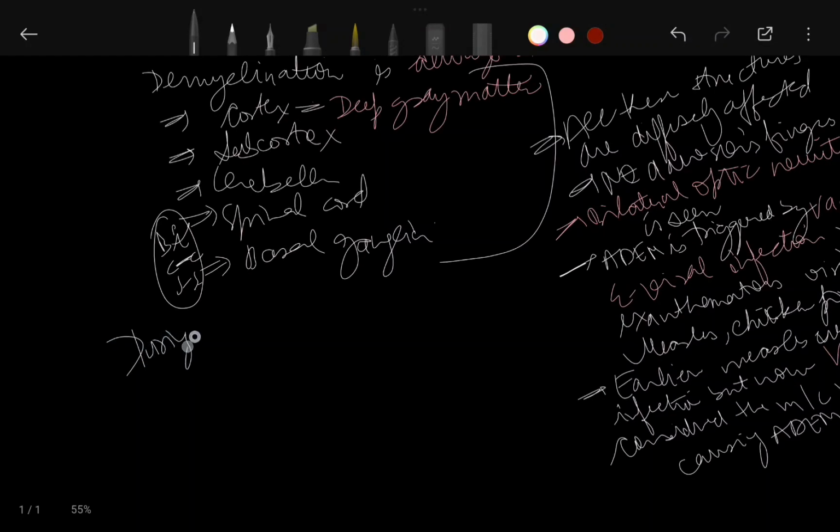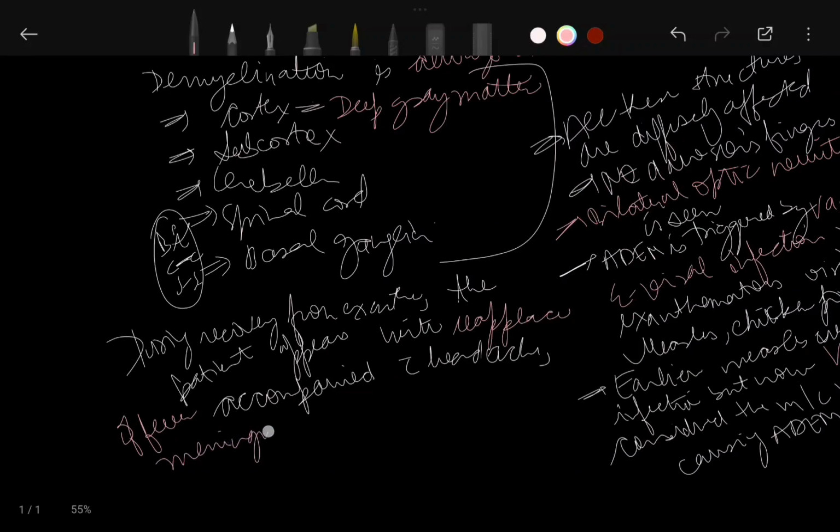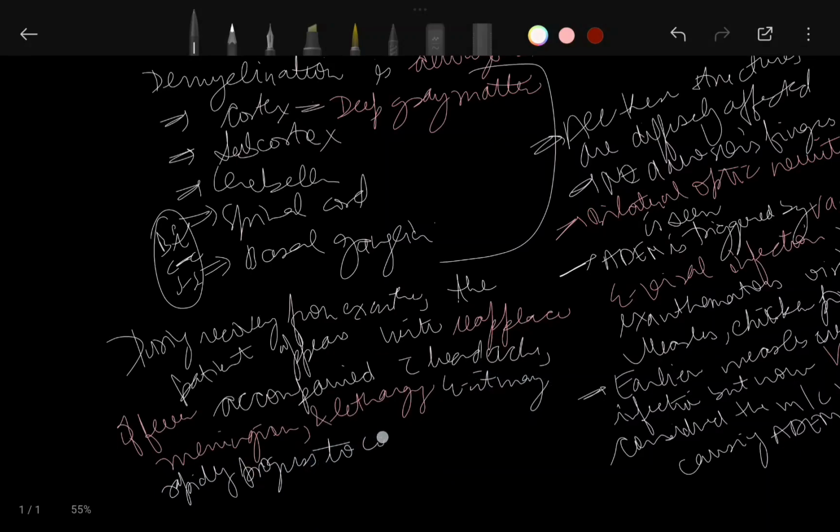During recovery from the exanthem, be it measles or varicella zoster, chickenpox, the patient presents with reappearance of fever accompanied by headache, meningism, and lethargy, and it may rapidly progress to coma and may lead to the development of seizures.